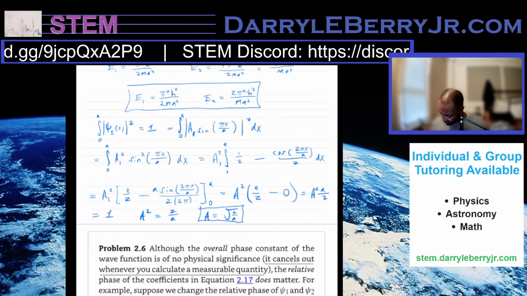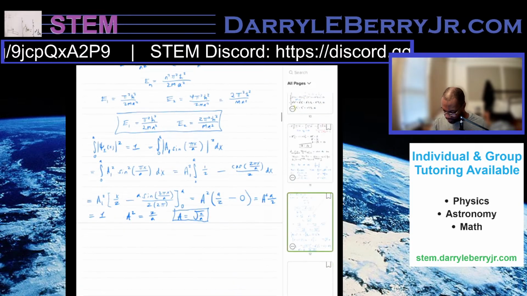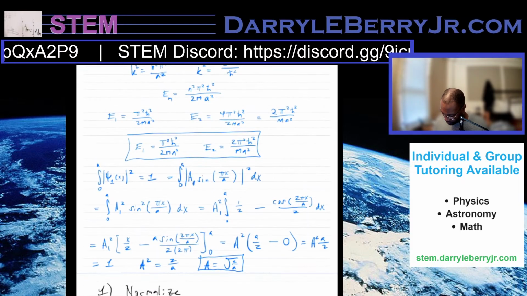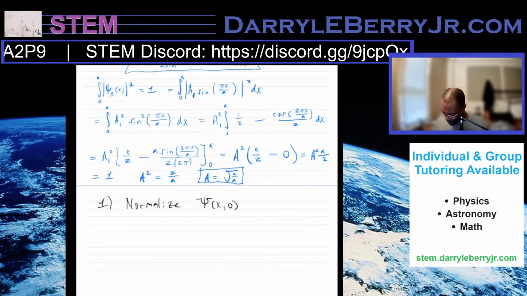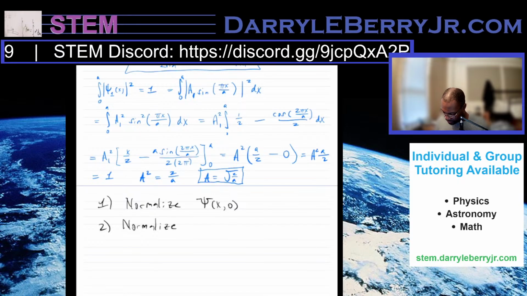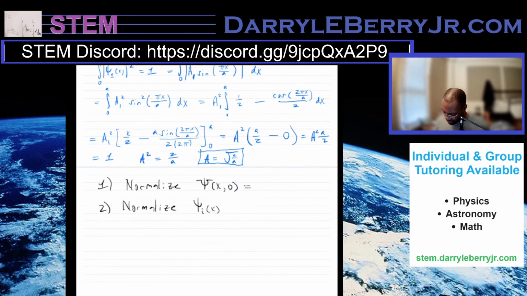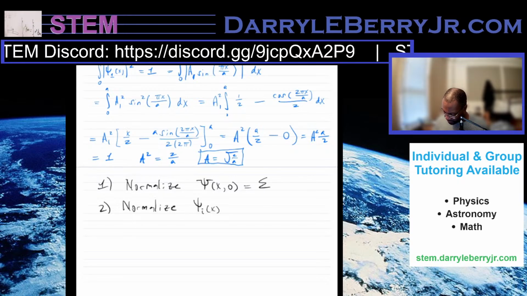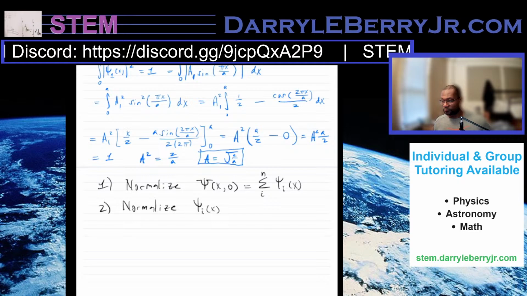All right, so this is my A. I have to remind myself that we must normalize psi of x at 0, and normalize psi i of x, with the understanding that psi of x at 0 is a sum of psi i of x, i from 1 to n, right?